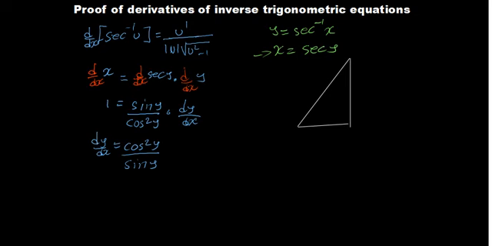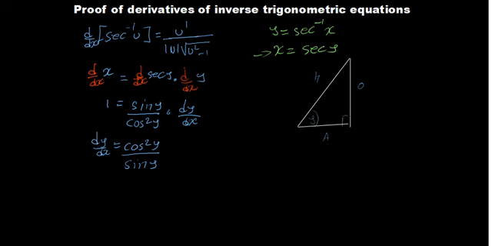The right angle triangle helps us make sure we have the hypotenuse, the opposite, and the adjacent, and that we know what each is. So this is our opposite, this is our hypotenuse, and this is our adjacent, and our angle here is y.